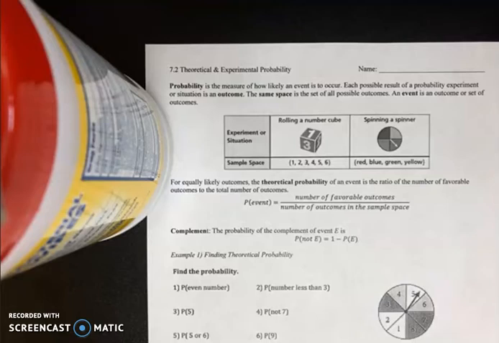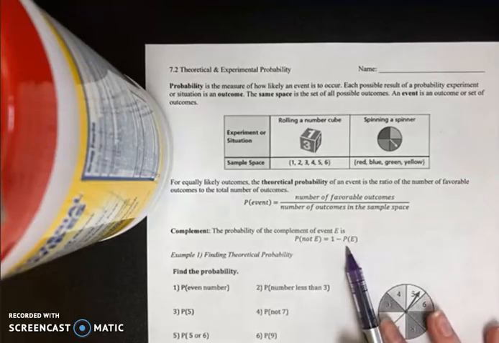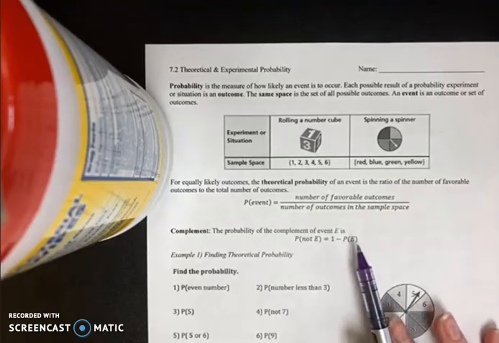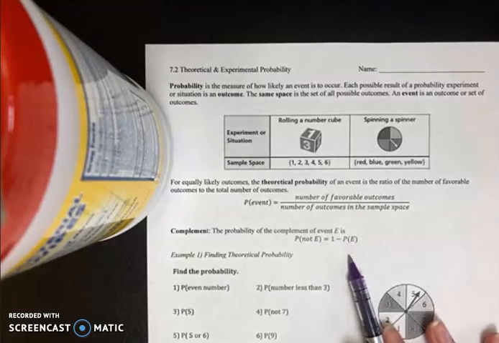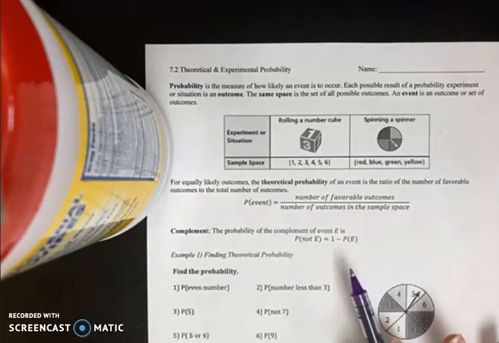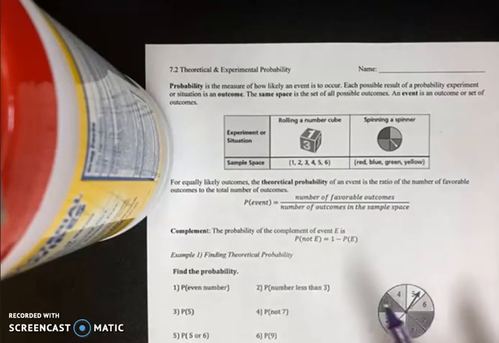So to find the probability of an event not occurring, we would do 1 minus the probability of that event occurring, because each probability is a fraction, so it's usually going to be less than 1 or equal to 1, or it could be 0, but it's never going to be larger than 1.